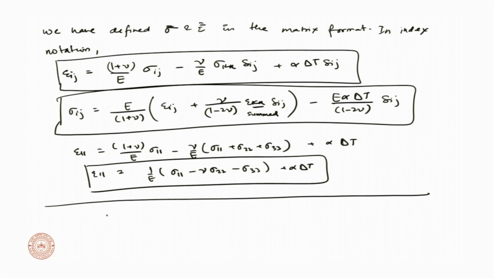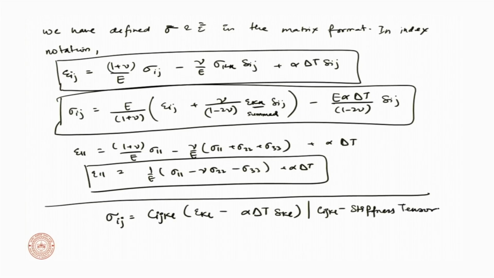If you are relating stress with strain, then sigma ij equals C ijkl epsilon kl minus alpha delta T delta kl, where C ijkl is the stiffness tensor. Likewise, epsilon ij equals S ijkl into sigma kl plus alpha delta T into delta ij, where S ijkl is the compliance tensor.